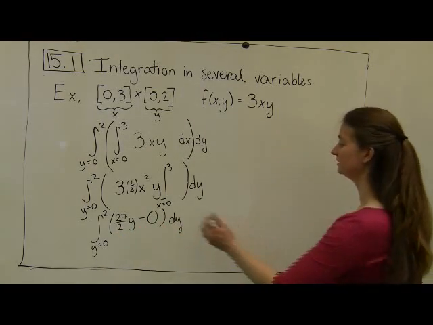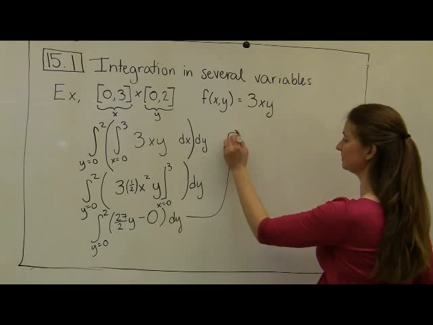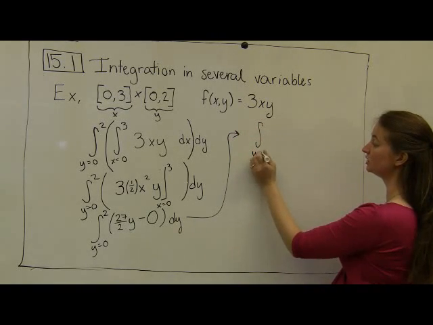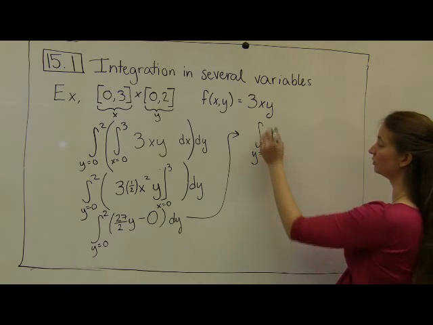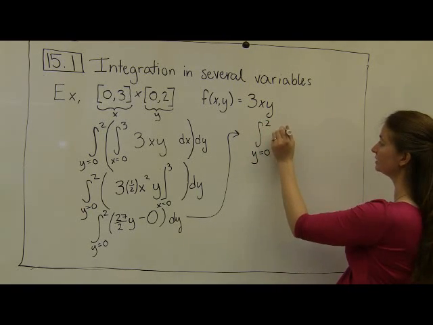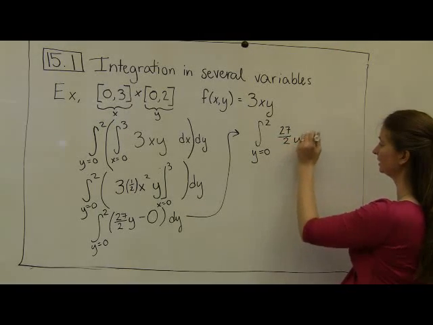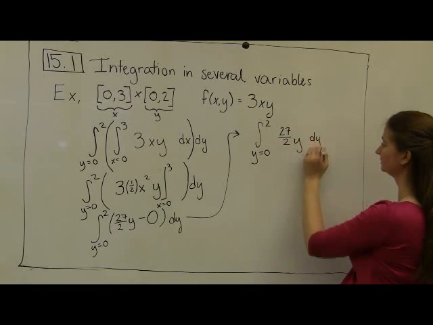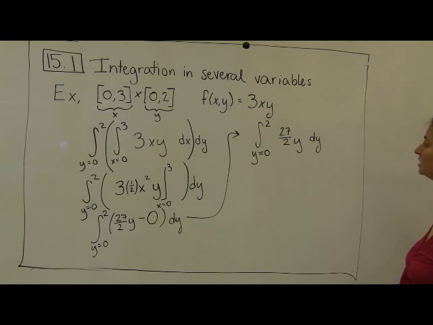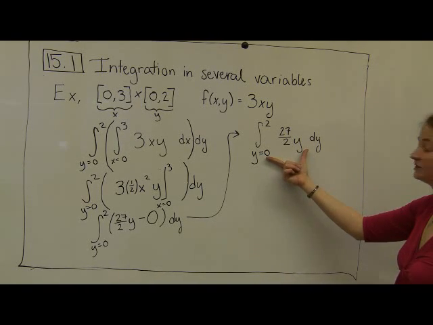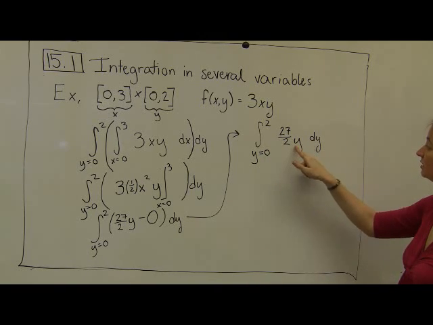So we aren't quite done. I'll rewrite this up here. What did we get? We've gotten rid of our x variable, notice. So now we're just looking at an integral from where y equals 0 to 2 of this new function, 27 halves y dy. So now I'm going to do this integration, and really, this is integration that we've seen before, because I just have one variable in here.